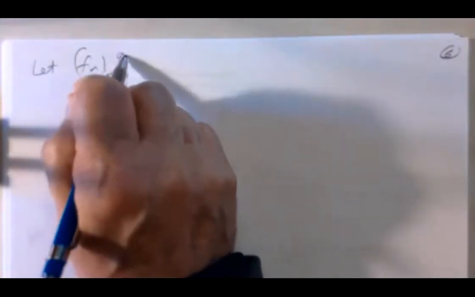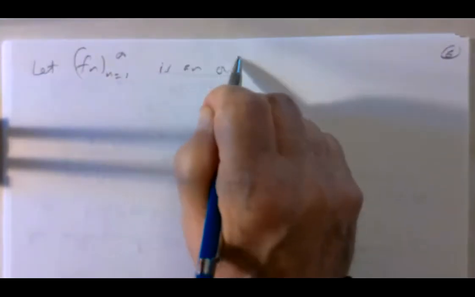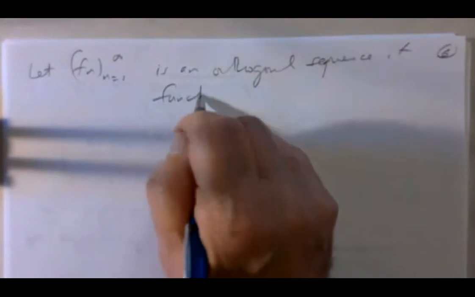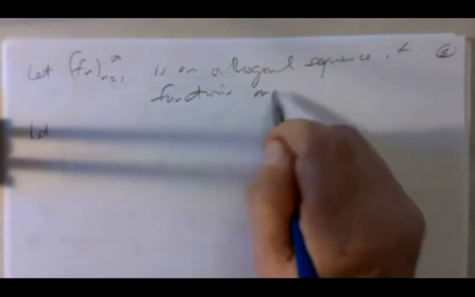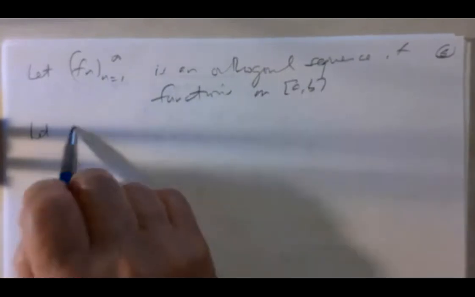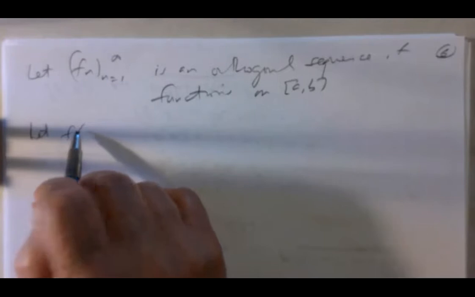So the general question is the following. Suppose that fn is an orthogonal sequence of functions on an interval from a to b.